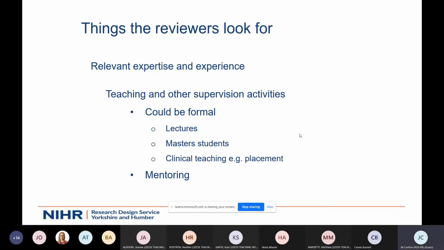You may already take part in mentoring opportunities at either a formal or informal level. It might be something that you do within your trust or within your department that maybe isn't necessarily recognised within your job title, but you can provide evidence of that.